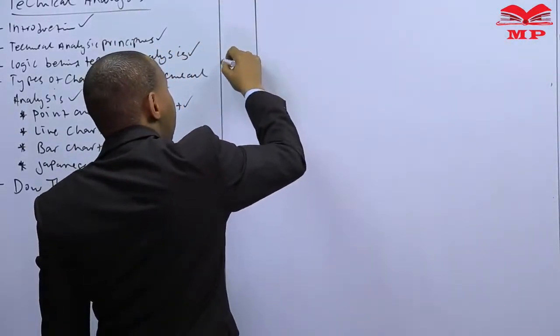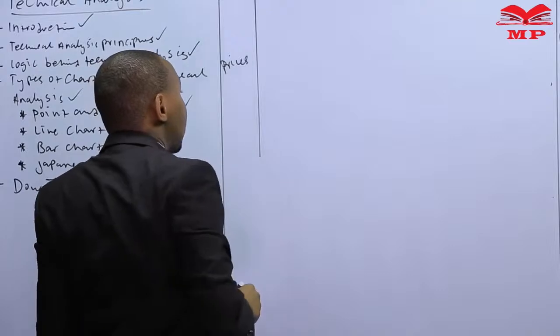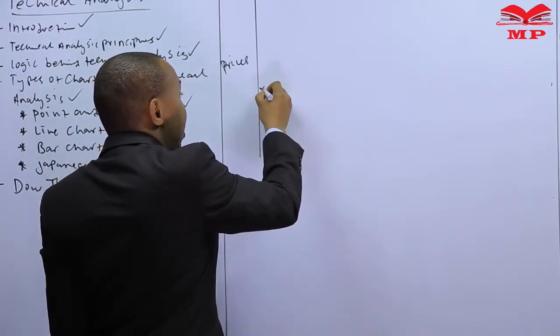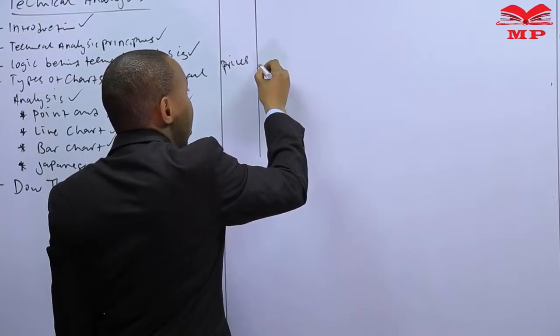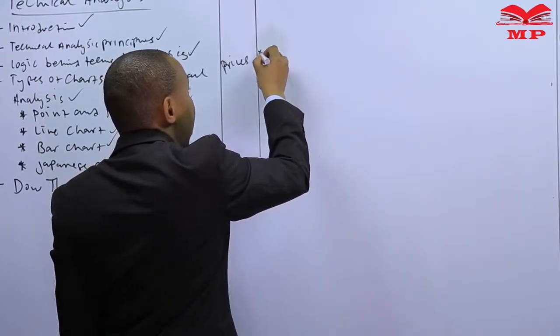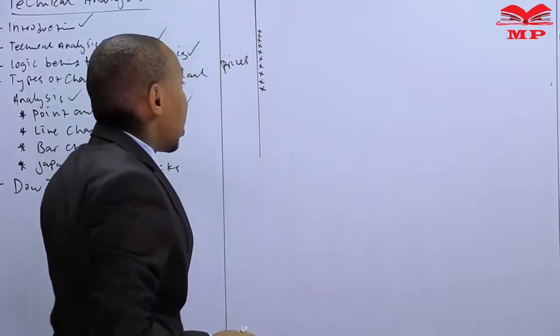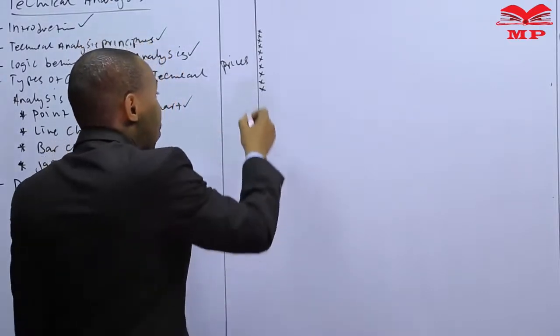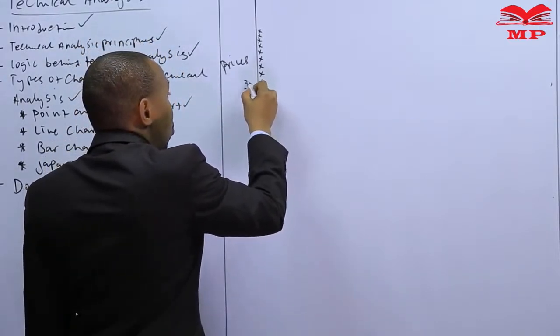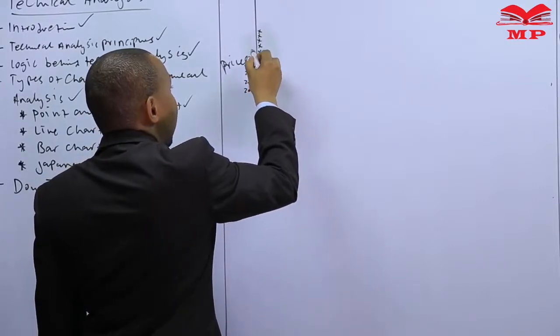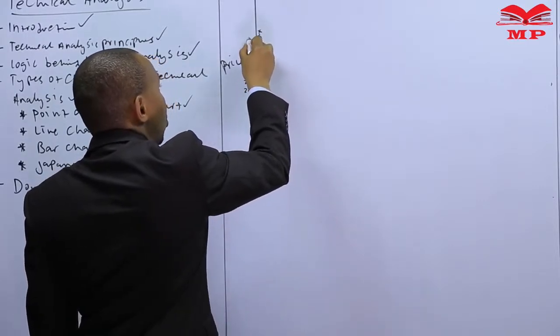So here you have prices of securities, and if you have a rising trend, you can indicate that for a specific time period, say within 1 hour, and the prices have increased up to that level. So this is, for example, 200, 201, 202, 205, 207, 210, and so on as we increase.